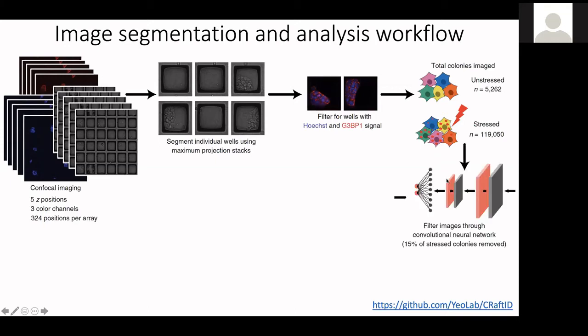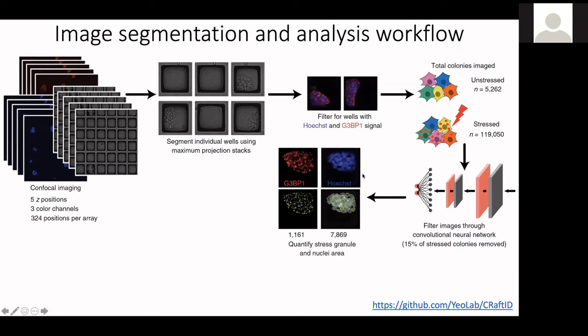we were analyzing. So all of these images we then took and filtered through a neural network to get rid of imaging-based artifacts, which I'll talk about in a little bit more detail on the next slide. And then we were left with colonies that we were interested in analyzing for area of puncta formation in the cytoplasm.